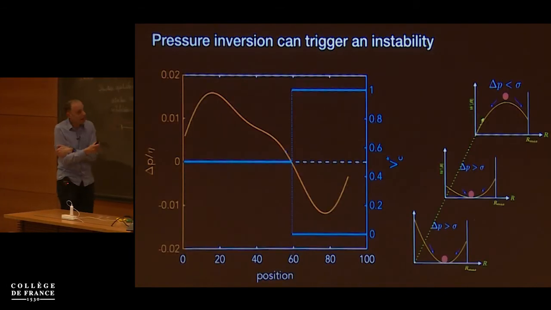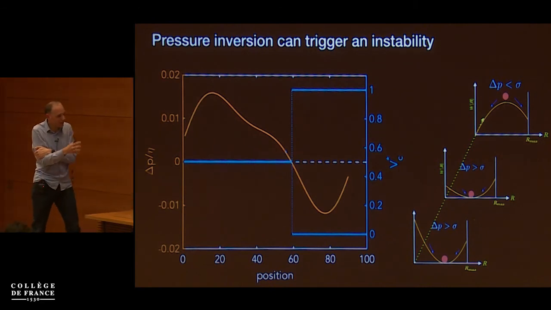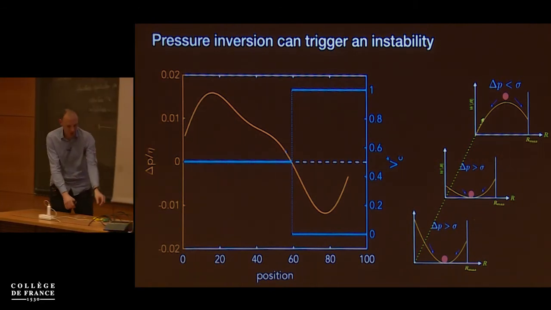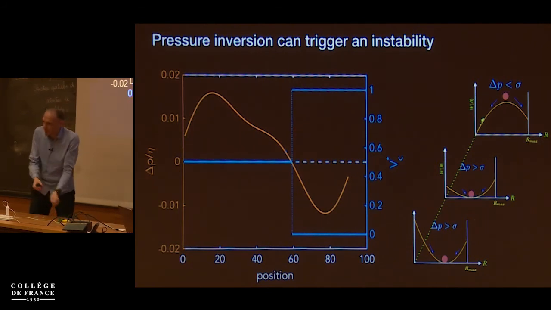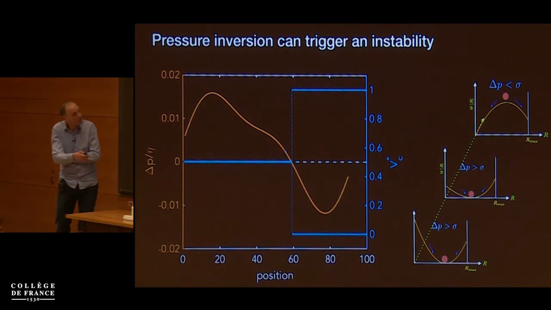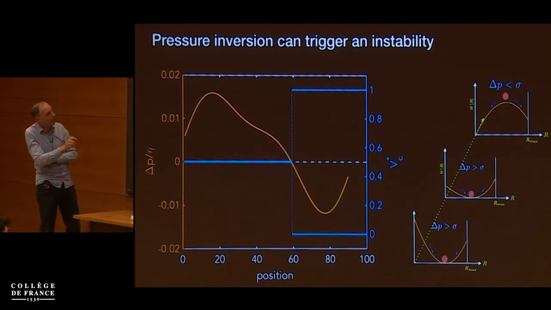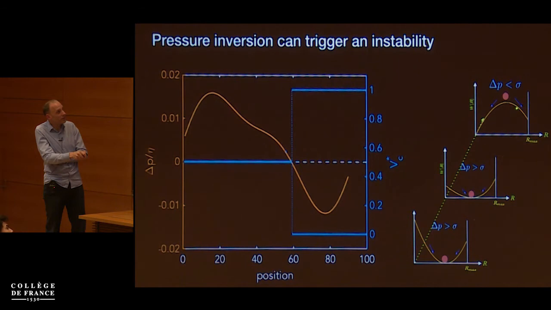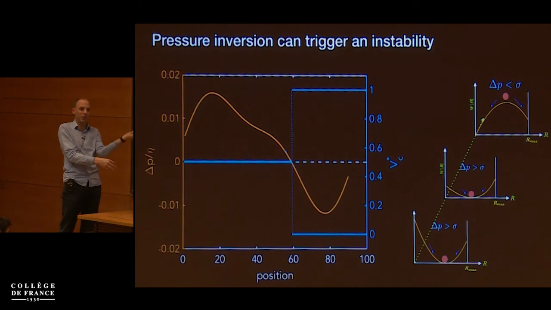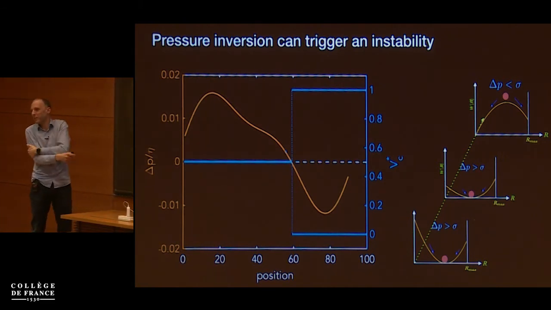Okay? And now we can build a couple of different models that capture this effect. It's an elastic effect. We can capture that with a Laplace-like effect with constant surface tension, and we can capture it in other ways. But in essence, we can build a model where the volume of germ cells is stabilized by the influxes, and when the influxes cease and the pressure difference between germ cell and rachis inverts, this switches to a bistable problem where they are coupled, some germ cells will grow to their maximum volume and some will shrink to a minimal volume.